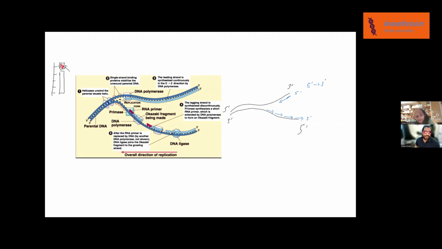Yeah. So it says the lagging strand is synthesized discontinuously, where a primase synthesizes a short RNA primer, which is extended by DNA polymerase to form an Okazaki fragment.